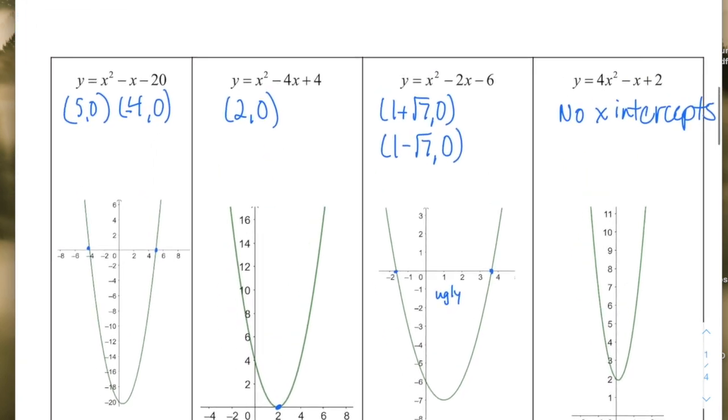And what I also want to point out is that we said that a couple of these were really easily factored. So when I say not factorable, I mean we cannot find integers or nice numbers to factor this.